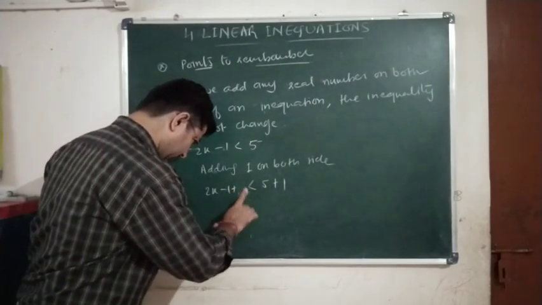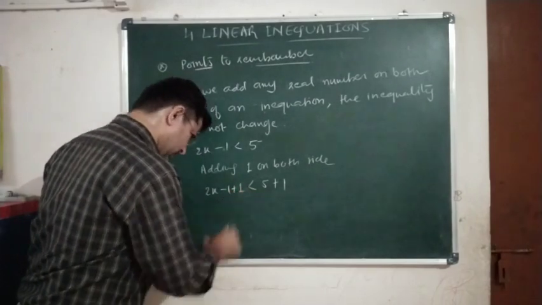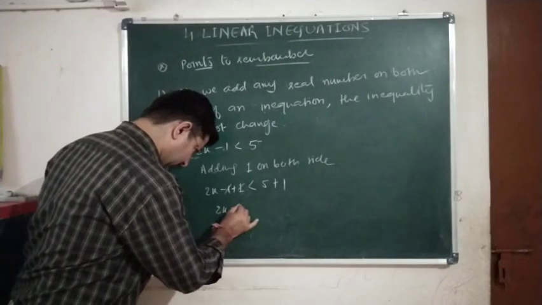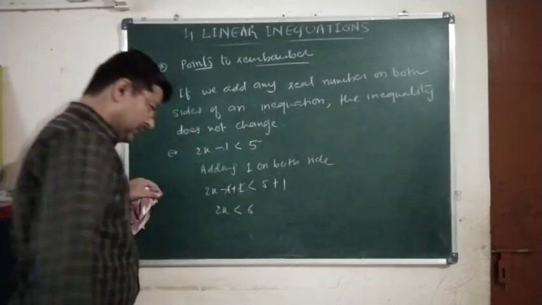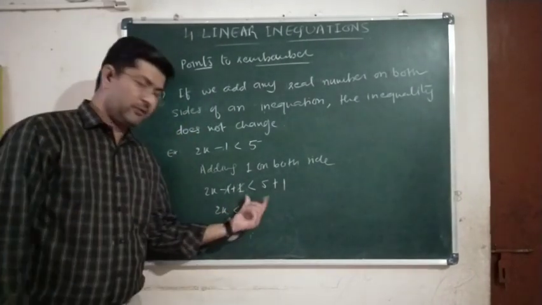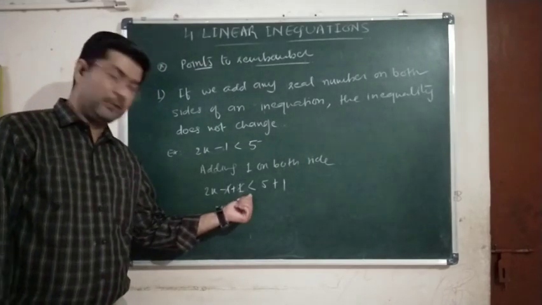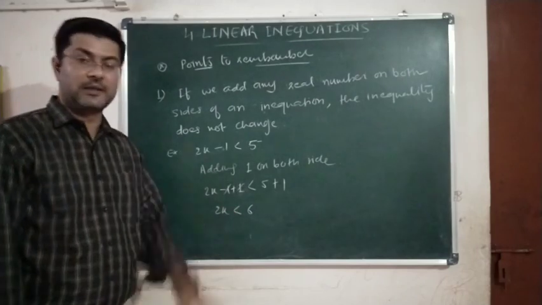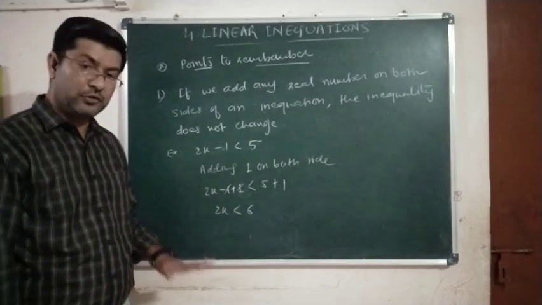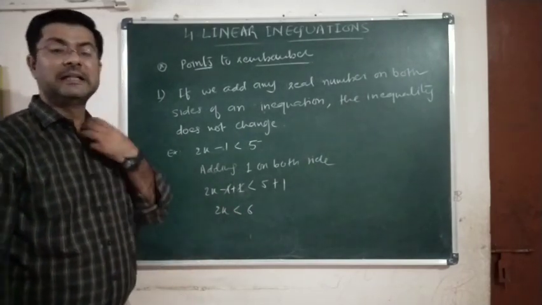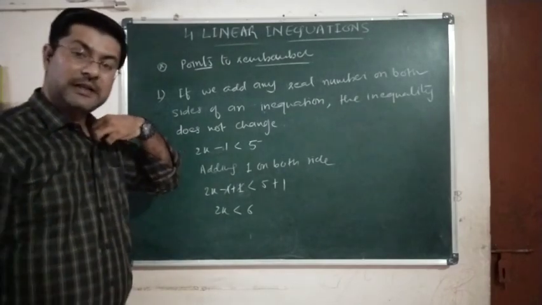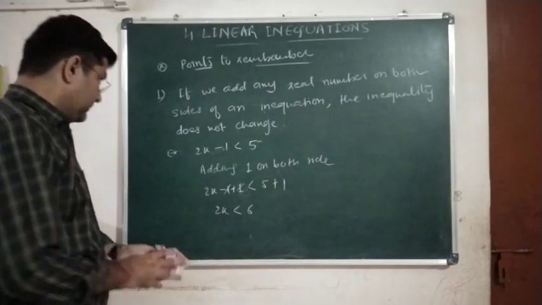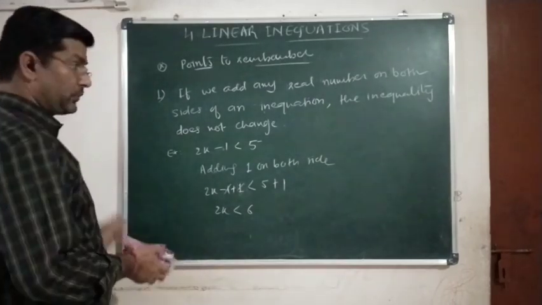What we have done over here is added 1 on both the sides. Clear? So you will notice that there is no change in the given inequality. It remains the same, that is, less than remains less than only, it does not become greater than. Yes or no? So the inequality will not change if you add any real number on both the sides of a given inequation. Clear? Okay, so this is point number 1.